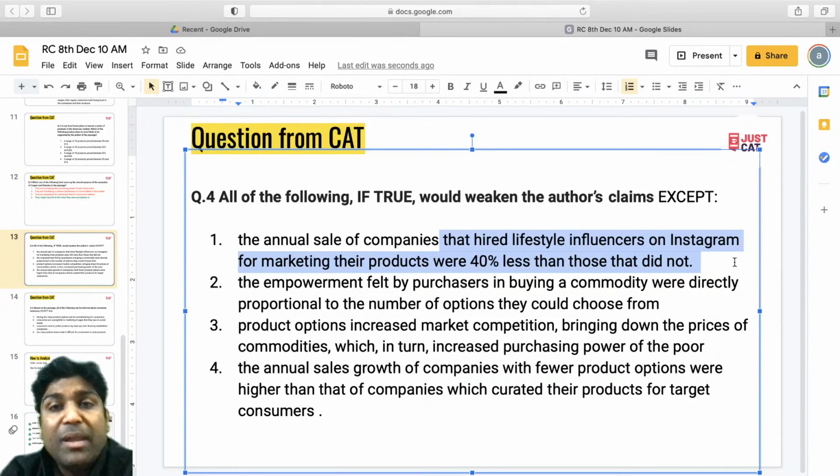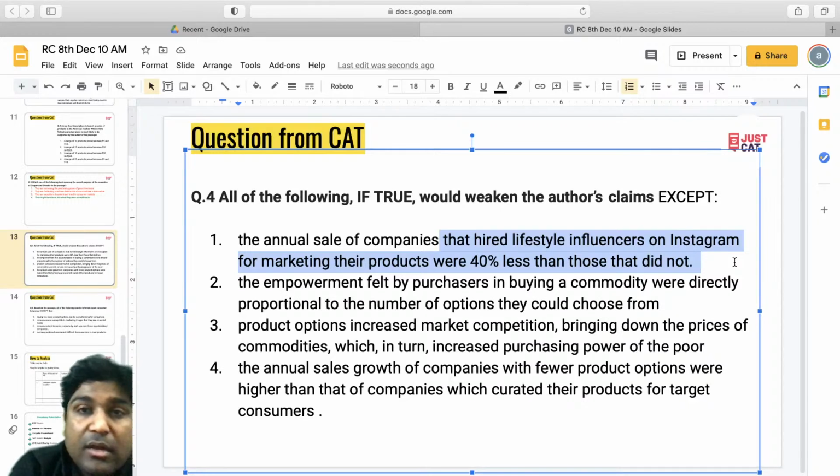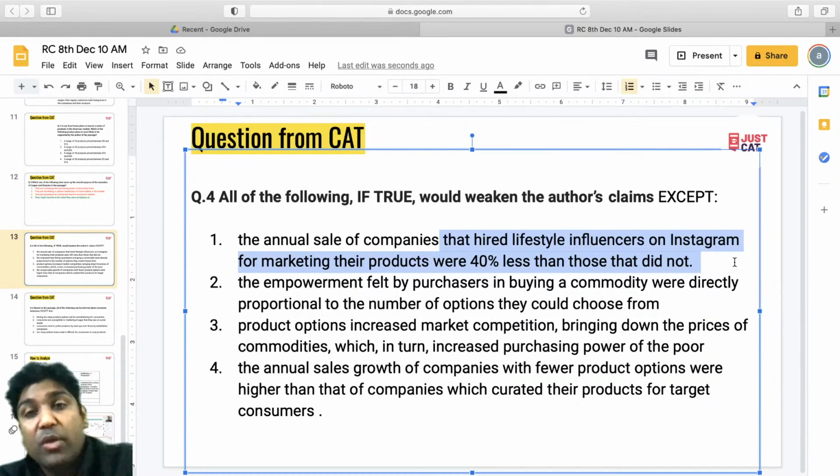So the author did not make any claims with respect to companies which hired influencers. They should be doing well. If one company is not hiring lifestyle influencers, it might be using some other technical feature.